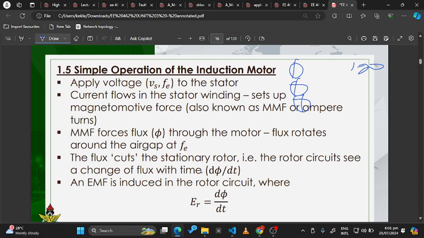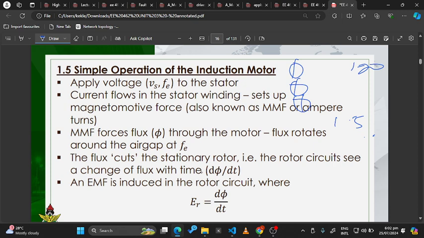Because of the angular displacement between them, they are like different axes, so they are able to interact. When they interact, they produce a resultant magnetic field, which is rotating. And you need a rotating flux in order to cause a torque.